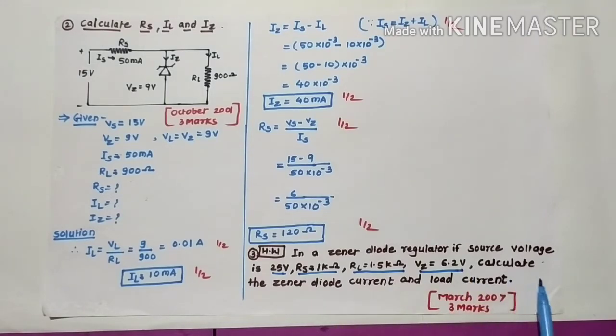Then calculate the Zener diode current and load current. Okay students? Understood all of you? This problem was asked in the board exam March 2007 for 3 marks. So this is a most important problem from the board exam point of view. So solve it at home and send it to me on my personal WhatsApp number. Okay students?